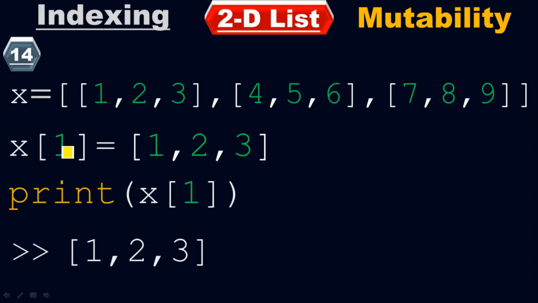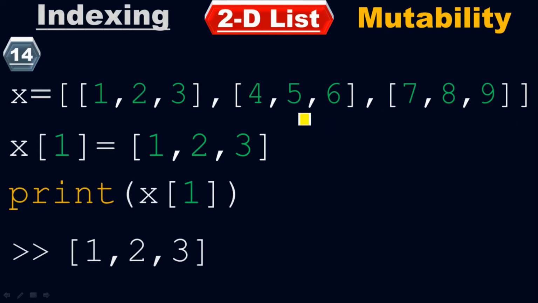As I told you, the very first index number is the representation for this complete item from here up to here, not for the individual item. For the individual item, we put the second index number here. But since we are taking only the first index number, I'm referring to this whole thing from here up to here. It lies at index 0, index 1, index 2.